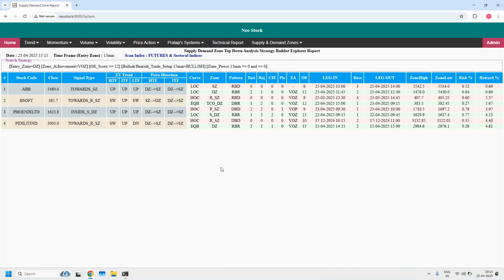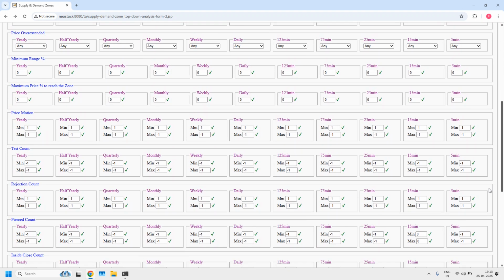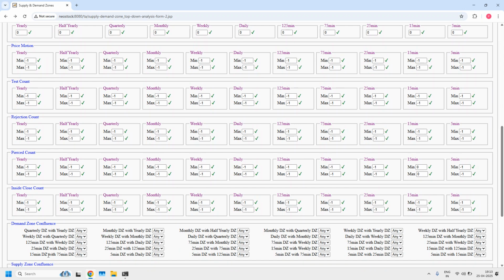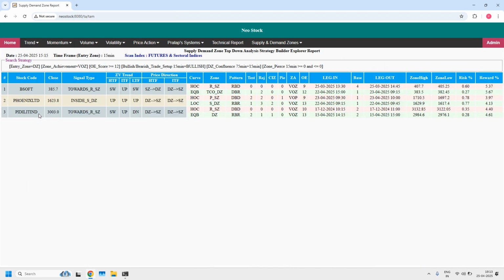First filter is LTF ITF demand zone confluence, that is 15-minute and 75-minute demand zone confluence. So I am enabling that filter. Out of 4 stocks, we got 3 stocks.